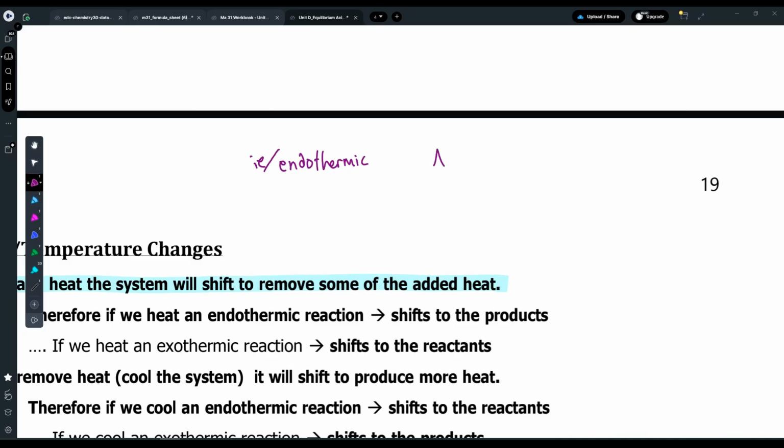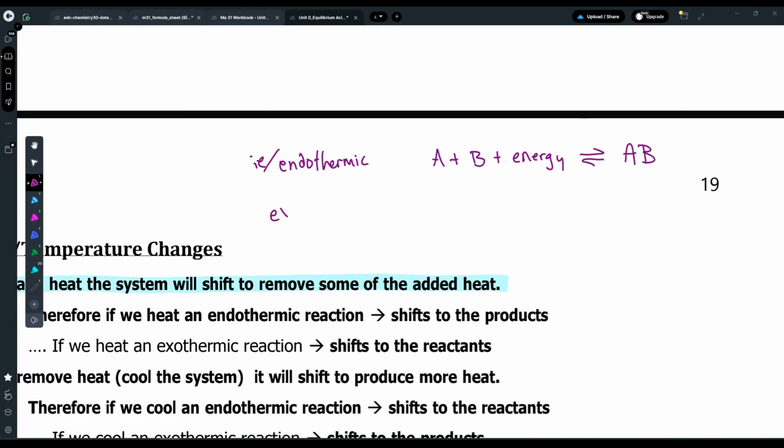So we're going to say reactant A plus reactant B plus some amount of energy. So remember, endothermic reactions require energy as a reactant in order to proceed. Okay, so that's going to give us product AB.